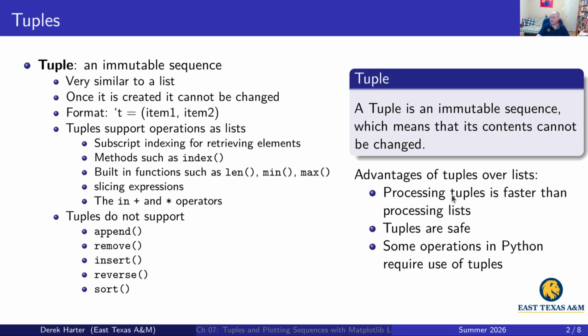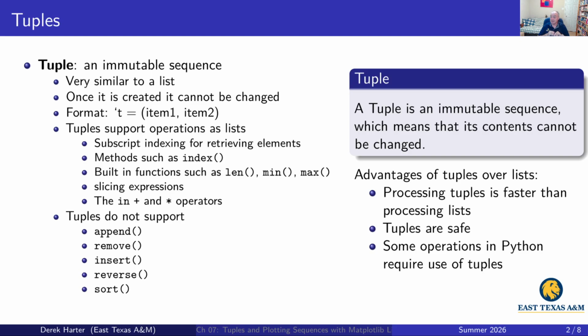You might first wonder, why is there even a tuple at all? Well, they can be a bit faster, but that's not really the main reason. There are some operations that require an immutable sequence, an immutable list of values.